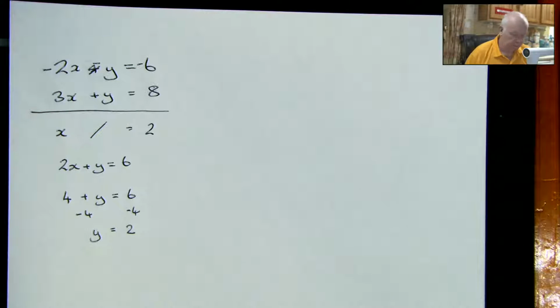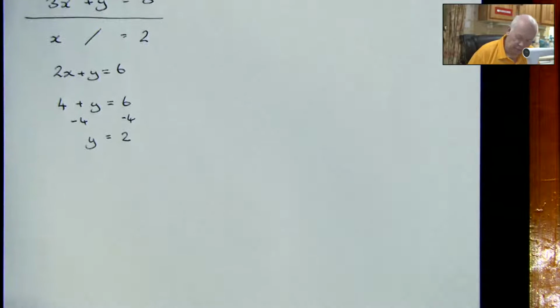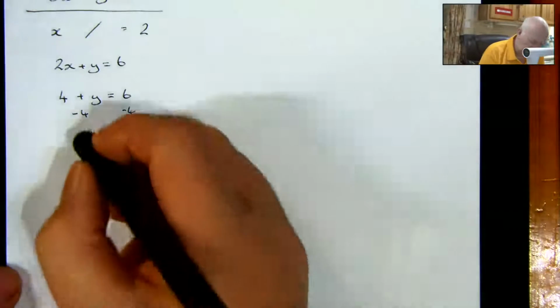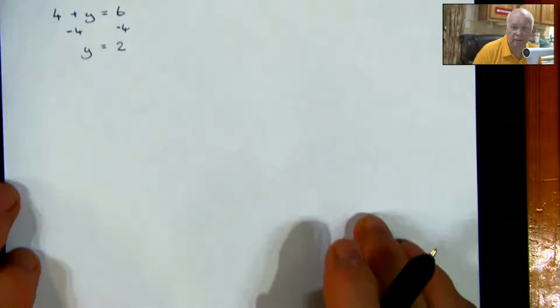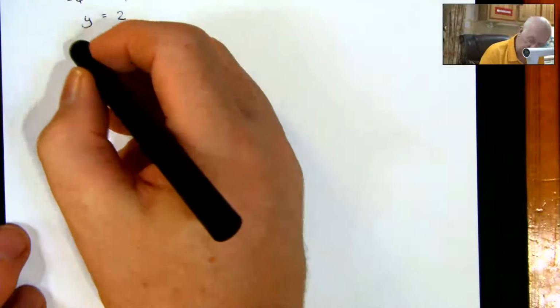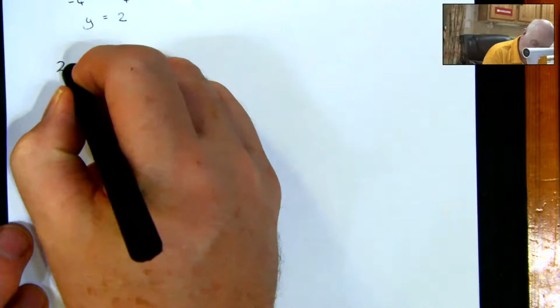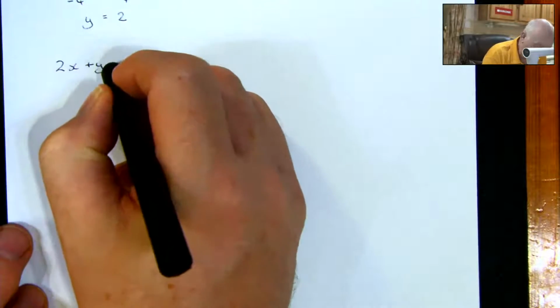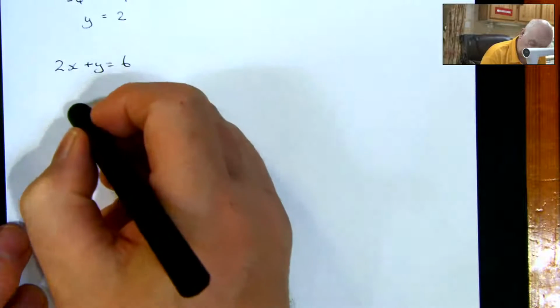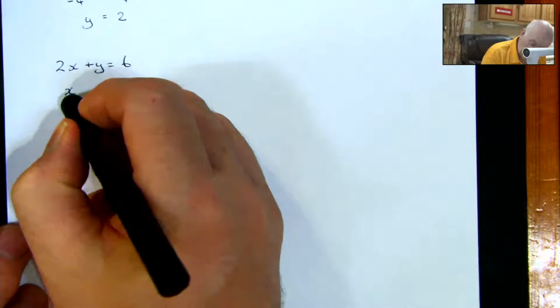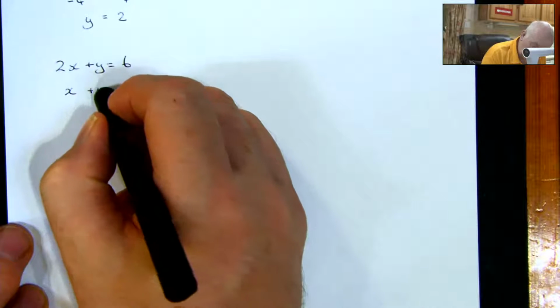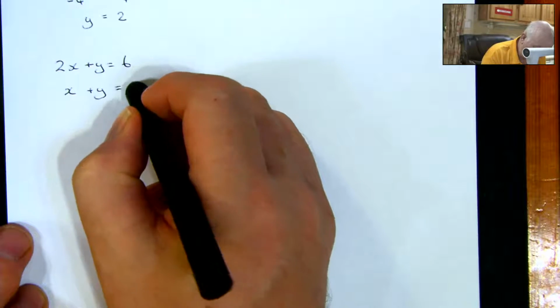Let's try another one of those. See how it goes. So let's just push the paper up a little bit, and we'll start with another one. 2x plus y here equals 6. And I've got x plus y equals 5.